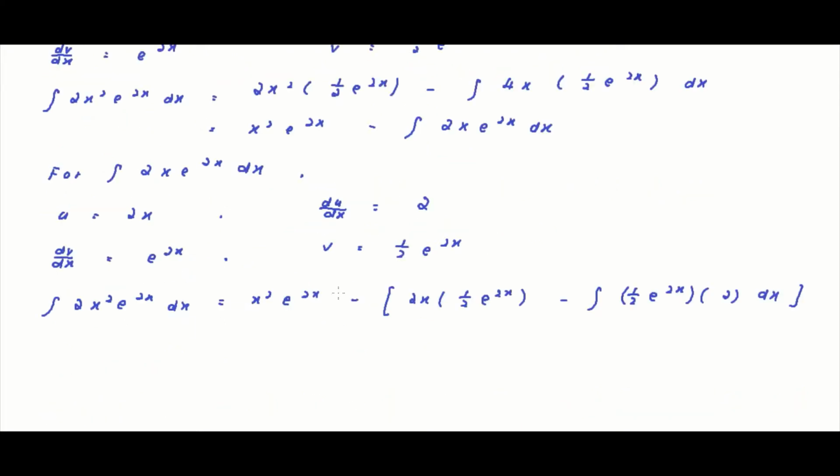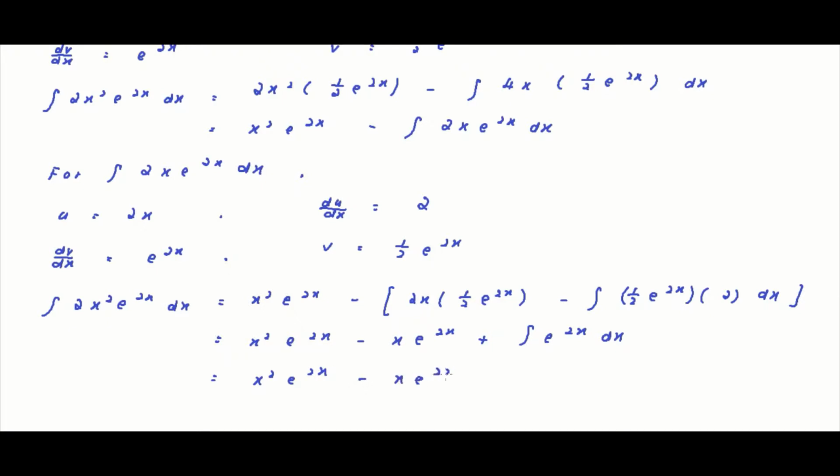So let us continue. You have x squared e2x minus x e2x, and minus minus, this will become plus, the integral of e2x dx, and you will realize that this part is simple enough for you to integrate directly. So that's why you do not need to do any more by parts.